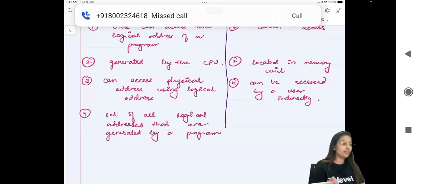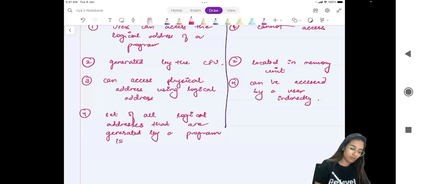that are generated by a program is known as logical address space.